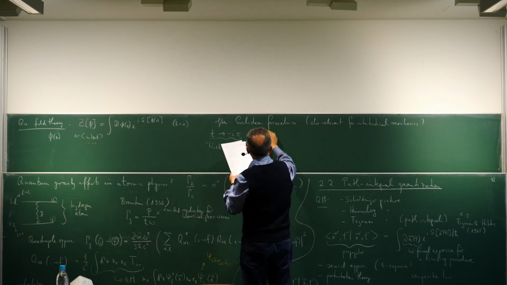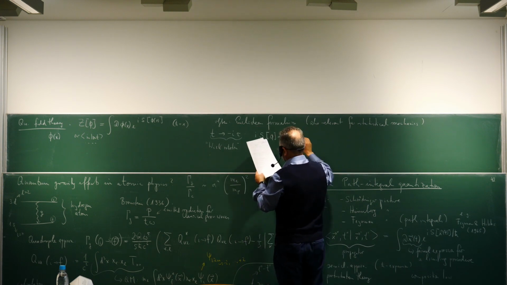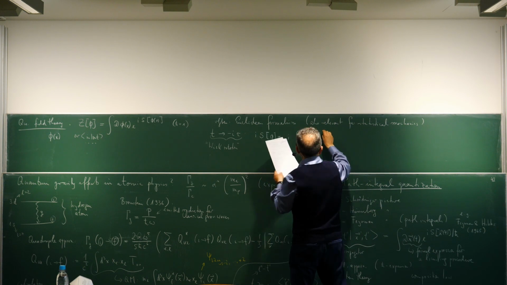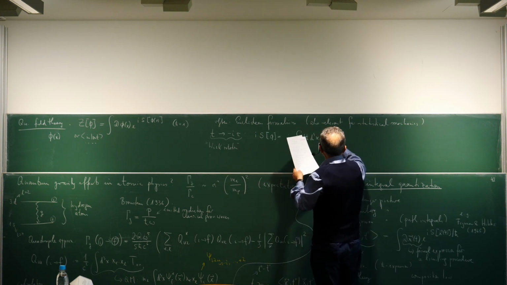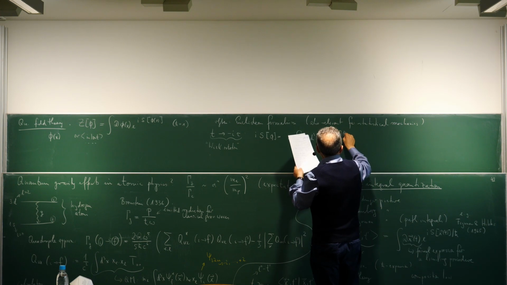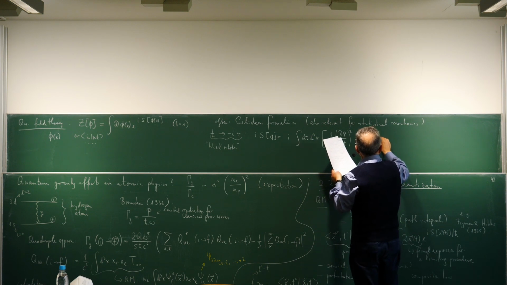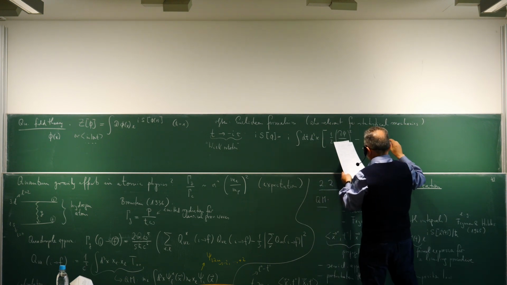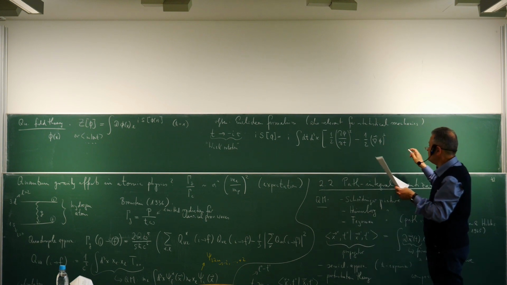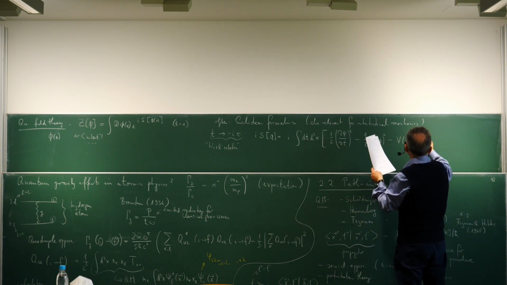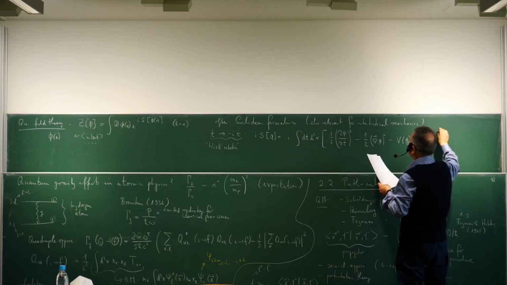So if you have e to the i S of phi, then you have e to the i, and let us write down the action, integral dt d3x, and say for a scalar field you have 1/2 (d phi over dt) squared minus 1/2 (nabla phi) squared. This is in Minkowski space-time, minus V of phi, and then you have this interaction term.